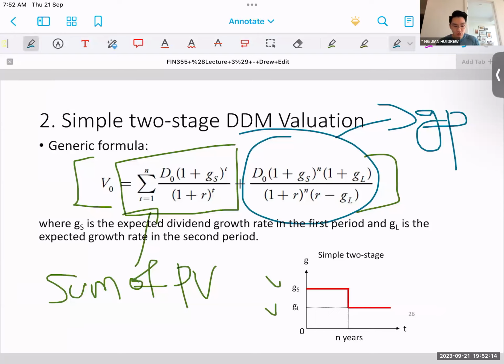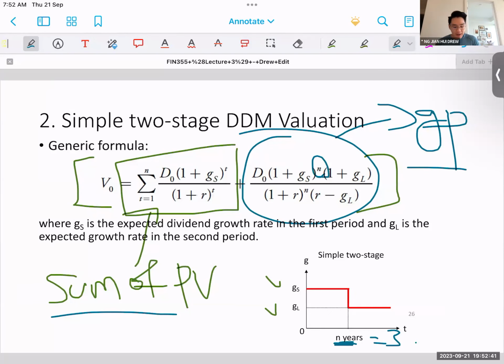We know that these two components here are the sum of PV and this is GP, but sometimes you look at the N and wonder, what number should we put? Should we put year 2, 3, 4? Hope you know that N is usually the year where the supernormal growth stops and growth goes on at the normal rate. Like in the previous case, N was 3 here.